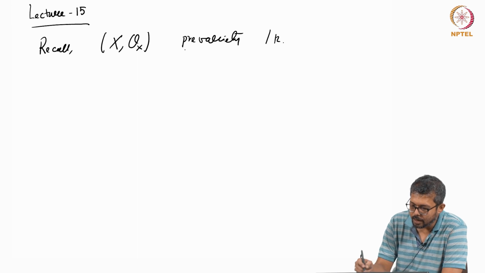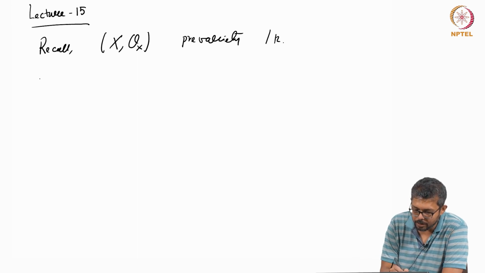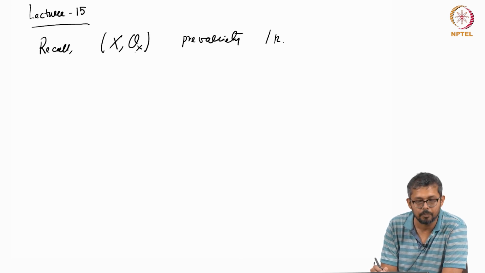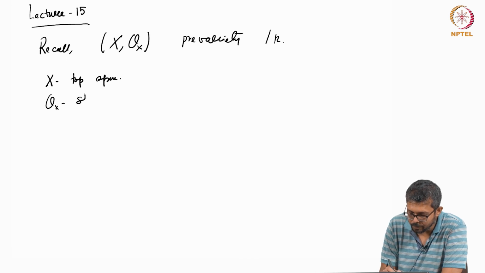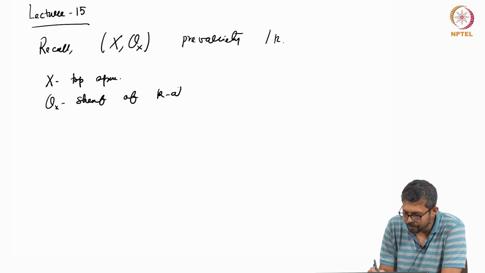So when you define this, X is a topological space and O_X is a sheaf of K-algebras. So what is this? X is a topological space and O_X is a sheaf of K-algebras.